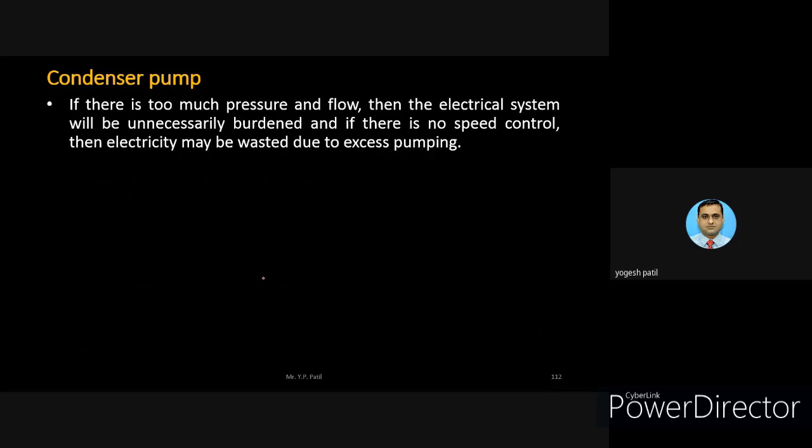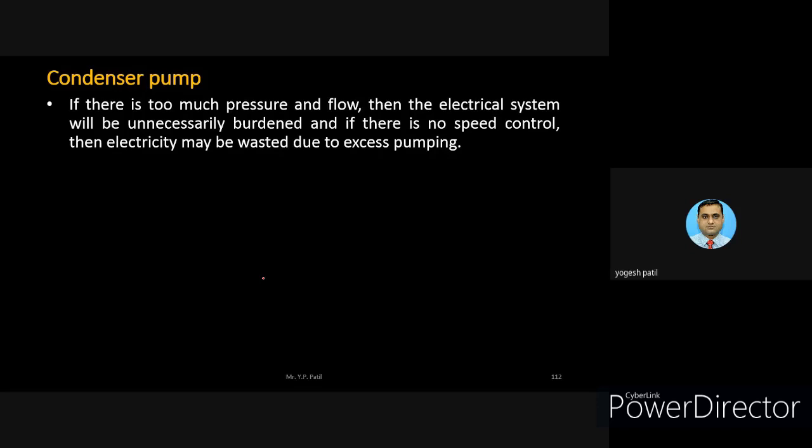If there is too much pressure and flow, then the electrical system will be unnecessarily burdened, and if there is no speed control, then electricity may be wasted due to excess pumping. This is why we study this: if these two parameters vary, ultimately it will affect other things.